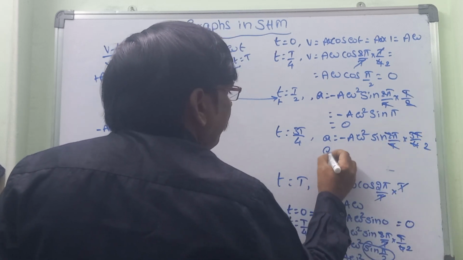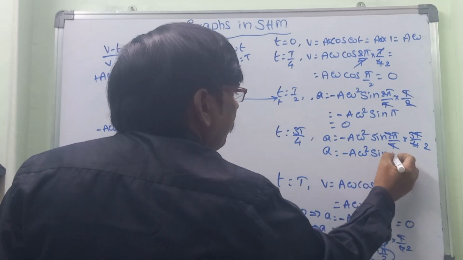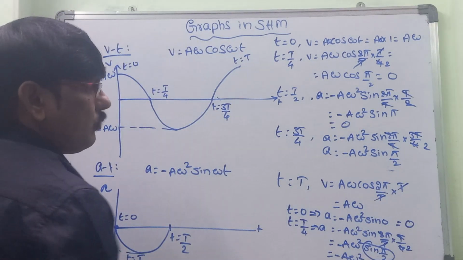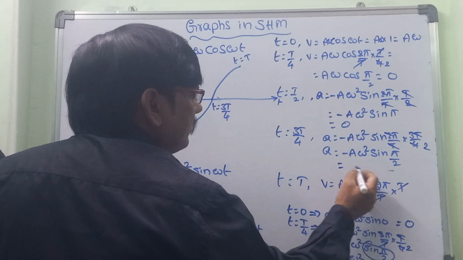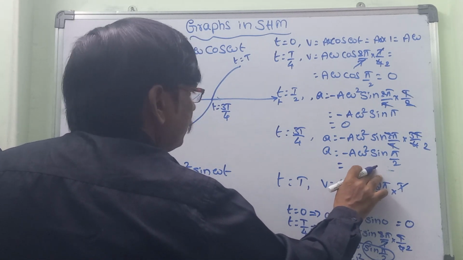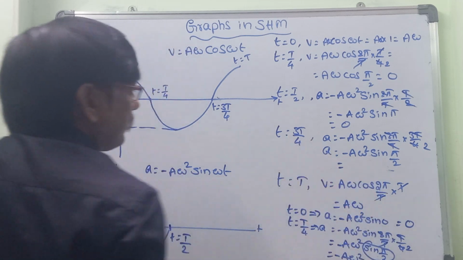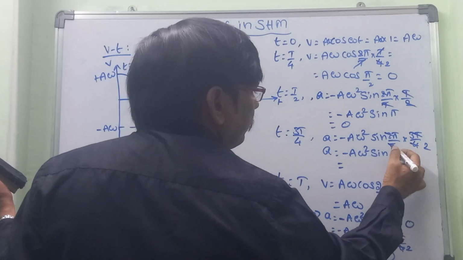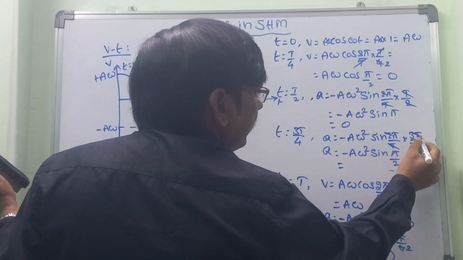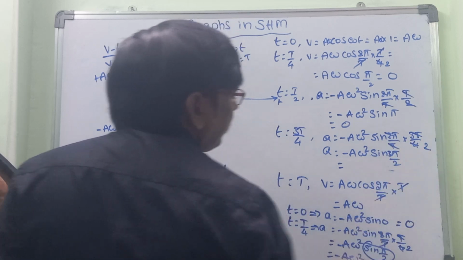What will be left? a is equal to minus a omega square sin 3 pi by 2.